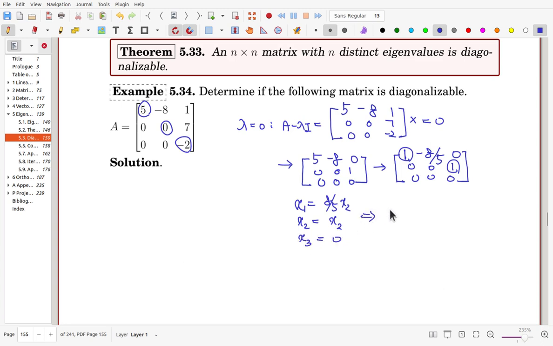So x is x2 times the vector 8/5, 1, 0. That is the eigenvector corresponding to the eigenvalue 0. And for the two others, you can find the eigenvectors and finish yourself.